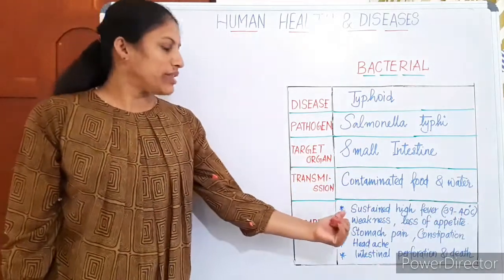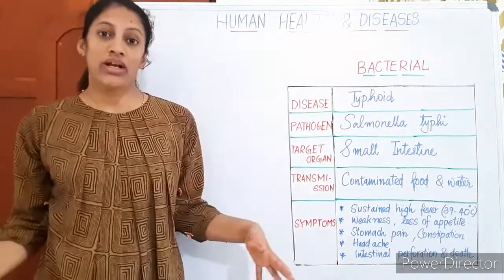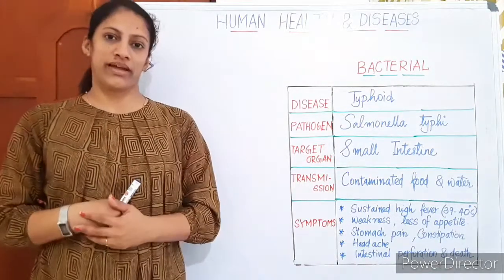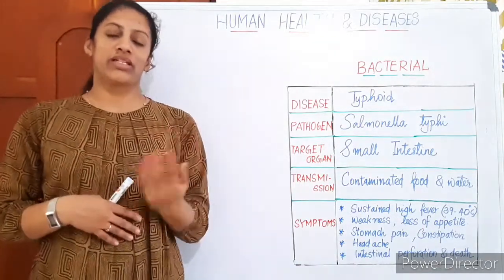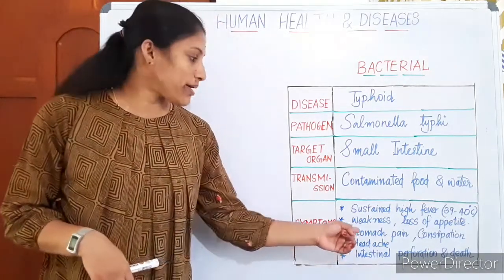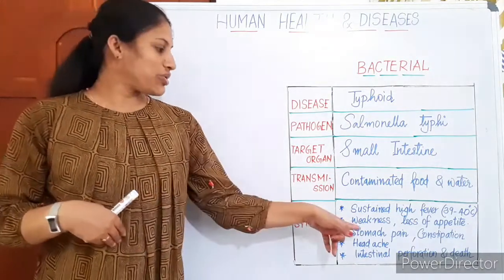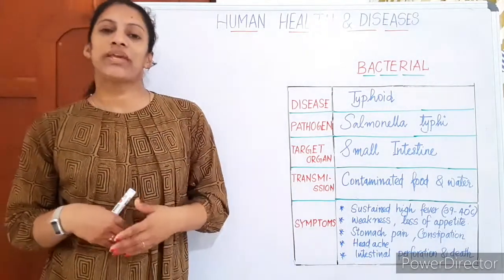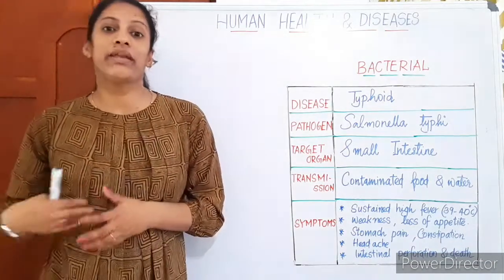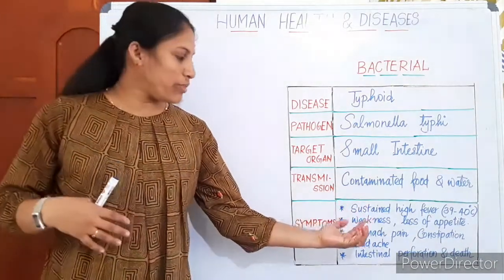As a result of that fever the body gets weak, weakness, loss of appetite. There will not be any taste for food. And there will be stomach pain in association, since it inhabits the small intestine. In some cases there will be constipation, difficulty in bowel movement, rigidity in the bowel movement.